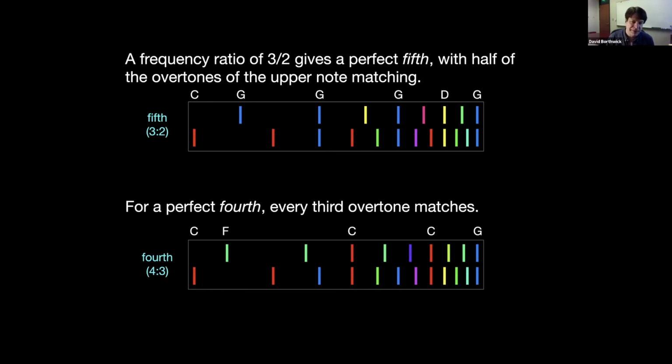Even though if you put the G below the C, that would be a perfect fourth. That's not the same interval as the G above the C. So the octave equivalence means the notes sound the same, but you can't apply that to the intervals. It matters which note is on the bottom. So for a perfect fourth, you get this amount of overlap.